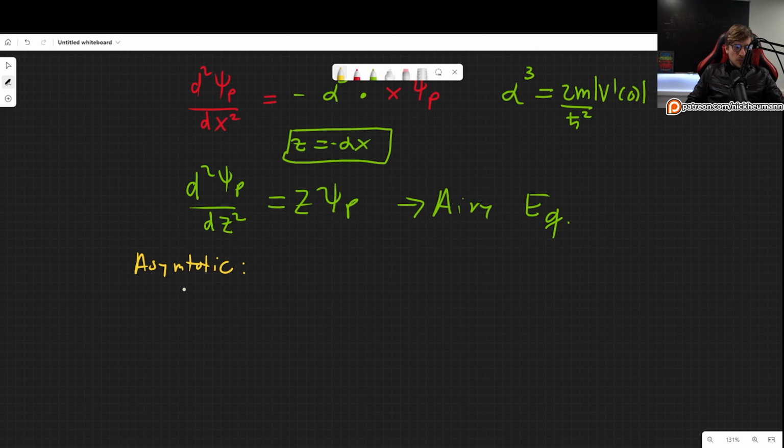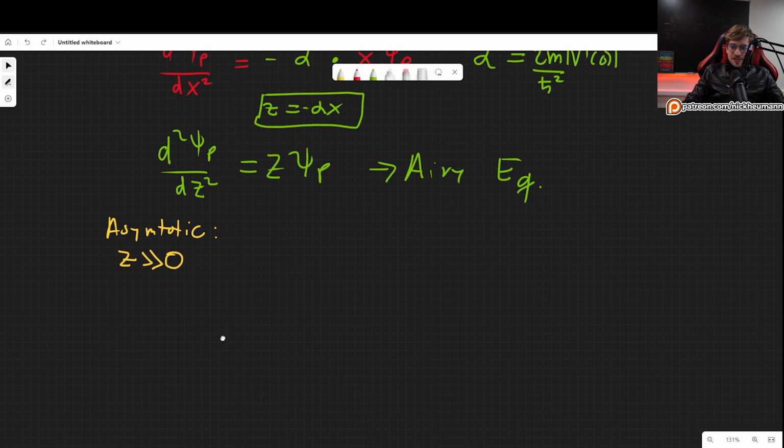So in asymptotic, we have two cases, when z is much, much greater than 0. That's what you had seen before. However, we have to take into consideration that our z is now minus. So I'm going to show you the expression that we had used. In fact, these are the overall solutions.